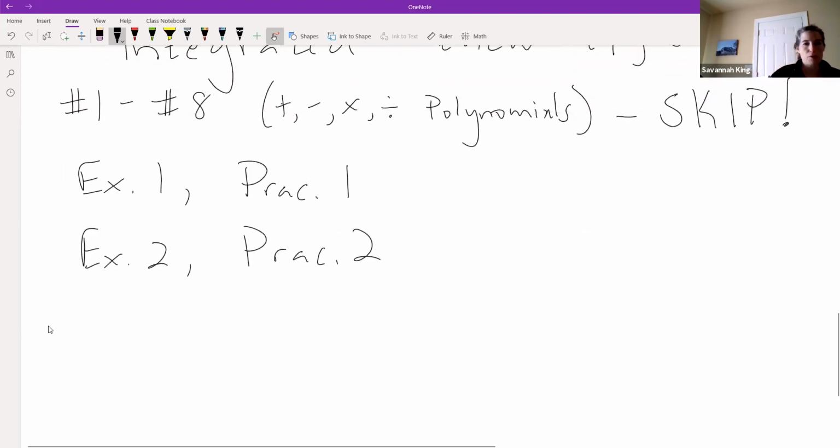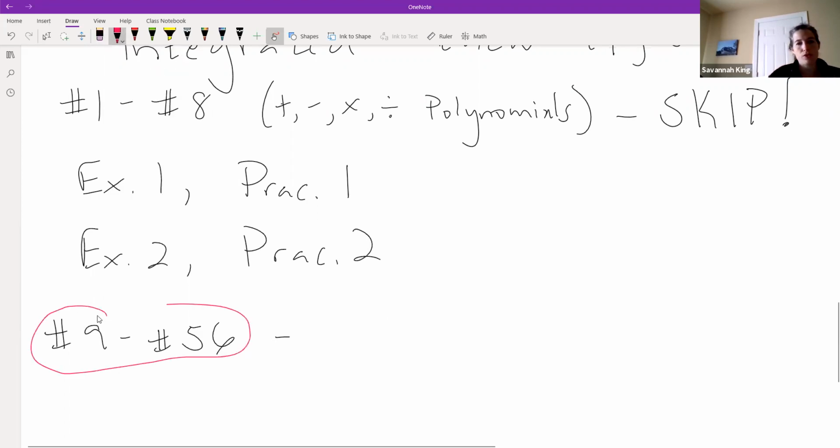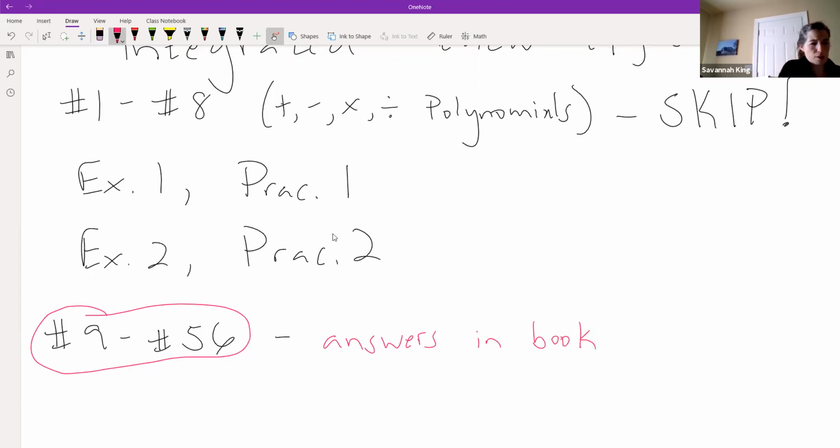And then it picks up again with problem number 9 through, gracious, like number 56. These are the ones that have answers in the back of the book, and it's important to distinguish them from the practice problems. Let me check again.